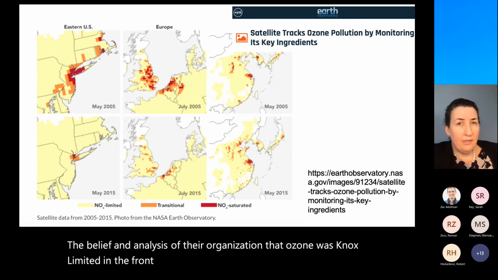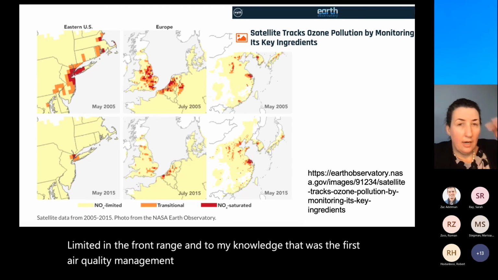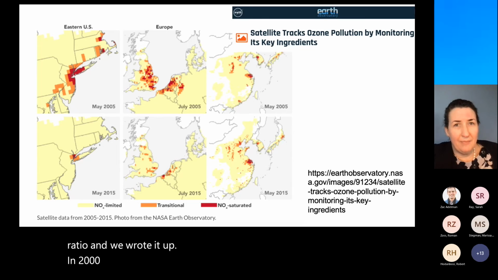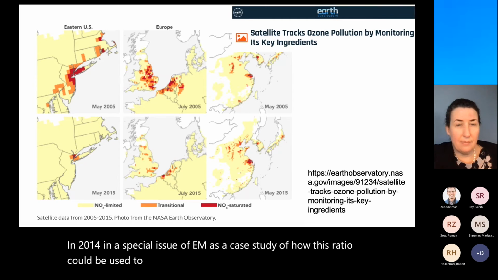To my knowledge, that was the first air quality management application of this formaldehyde NO2 ratio. And we wrote it up in 2014 in a special issue of EM as a case study of how this ratio could be used to support ozone sensitivity assessment.